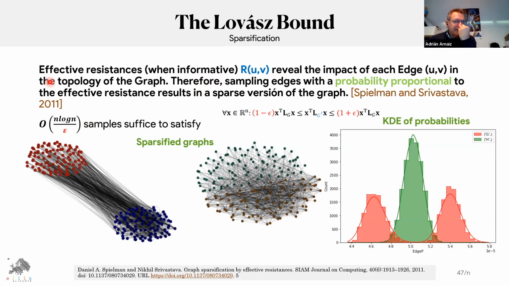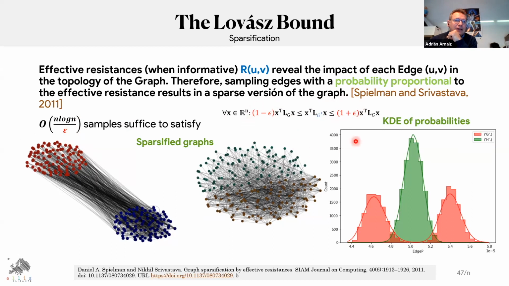To visualize this better, we use a theorem of Spielman and Srivastava, the sampling theorem, which basically says that if we take n log n divided by epsilon samples, where the probability of sampling a given edge is proportional to the resistance of this edge, then the Dirichlet energies of the original graph are bounded by the Dirichlet energies of the modified graph, and vice versa. The factor depends on epsilon, of course.